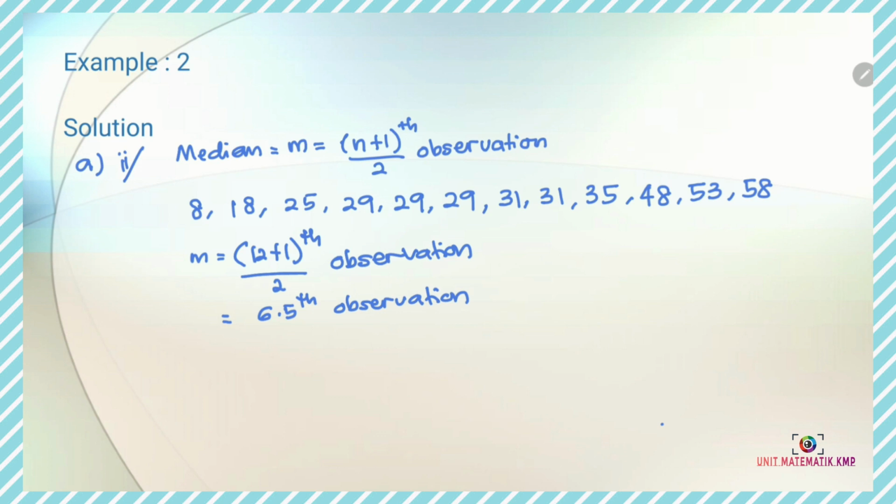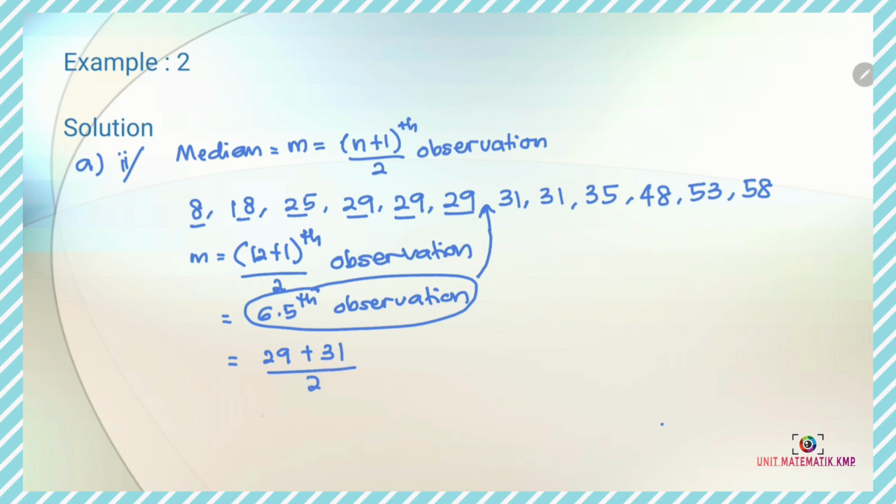So now we find the data here. 1, 2, 3, 4, 5, and 6. And 6.5 is here. 6.5 observation. Now we have here 29 plus 31 over 2, and then we get 30. And the median for this data is 30.